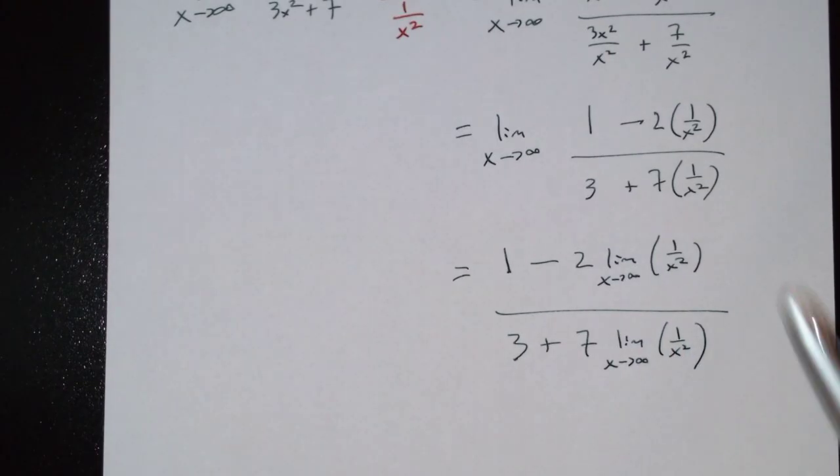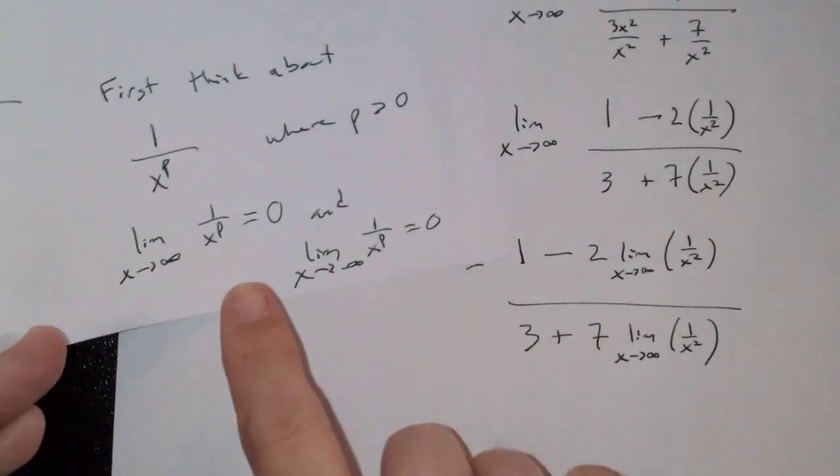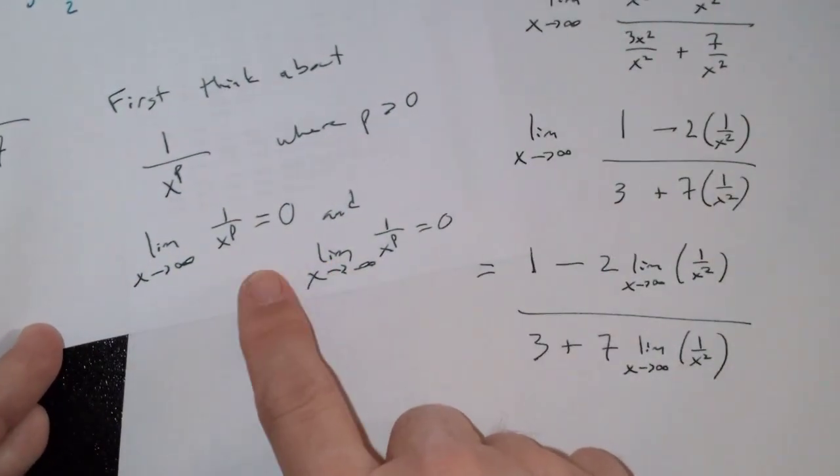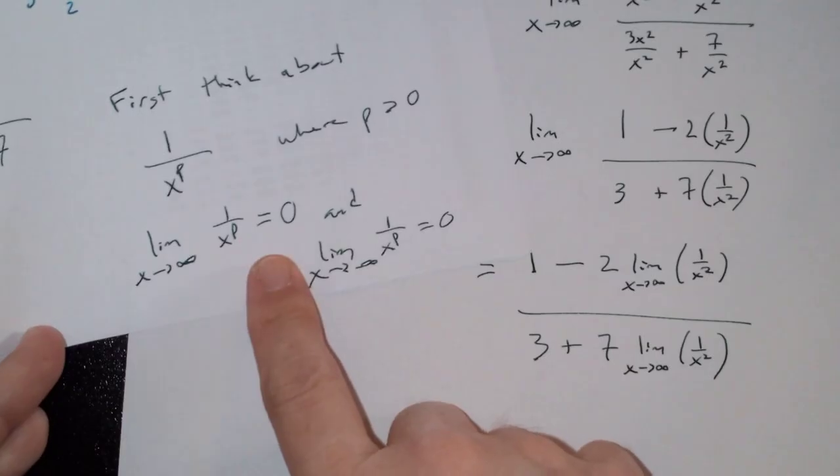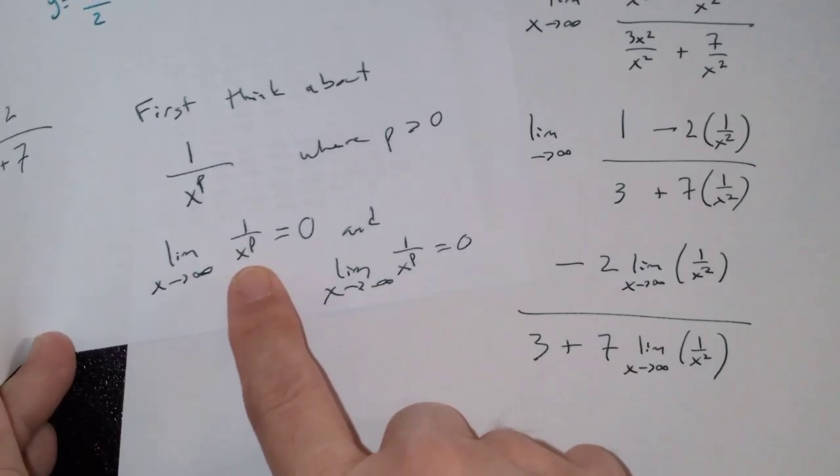Wait a minute. What are these two limits? They're the same, but I even know a number. I can tell you what number that limit works out to. Because 1 over x squared looks like this thing, doesn't it?